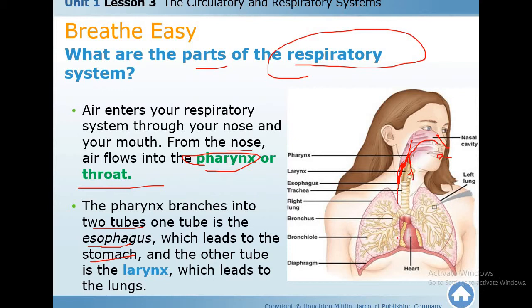The other tube is the larynx, which leads to the lung. So the pharynx is branched into two tubes. The first tube is the esophagus, which leads to the stomach, while the larynx leads to the lung.